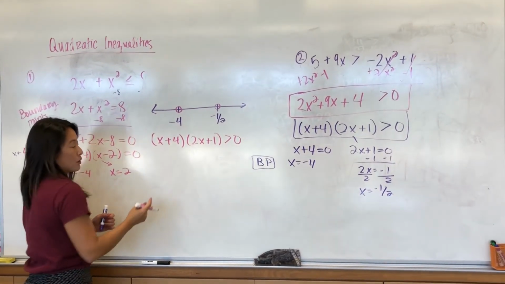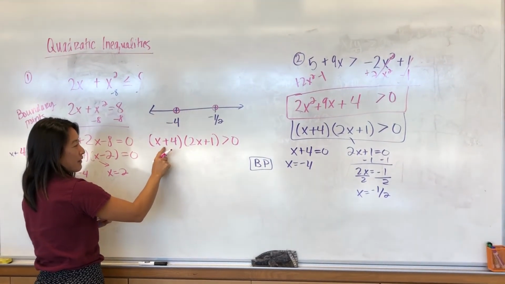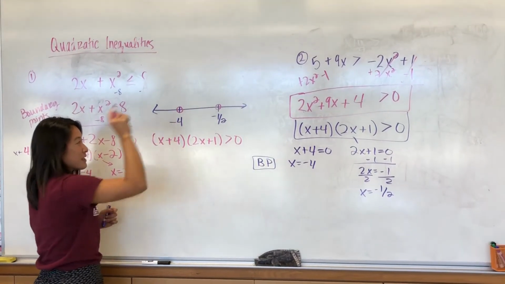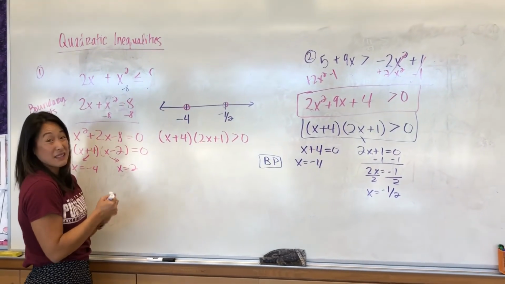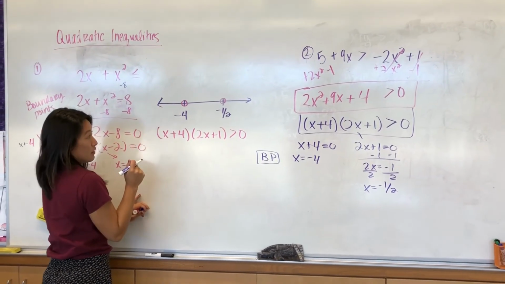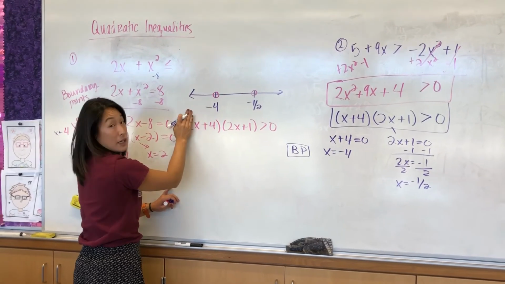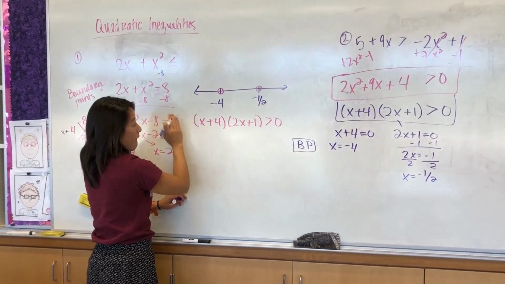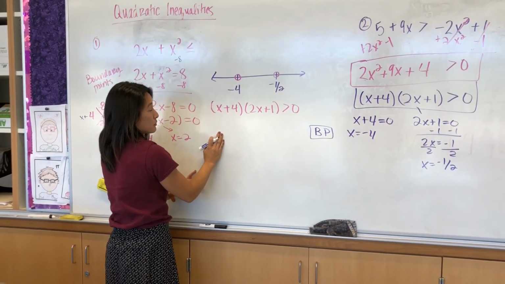Okay? So we're looking for what happens when I plug in values that are less than negative 4. So I don't know, negative 10 again? Sure. You're picking numbers that are easy to find out whether the solution is positive or negative in each of your sections. So greater than 0 or less than 0? That's all we care about. You don't need an exact number, so just numbers that are friendly to discover if it's going to be positive or negative.